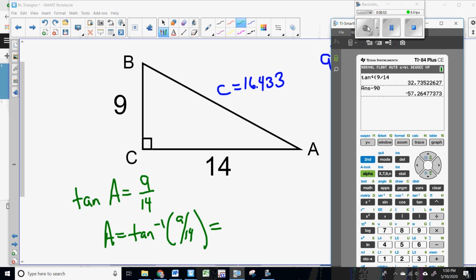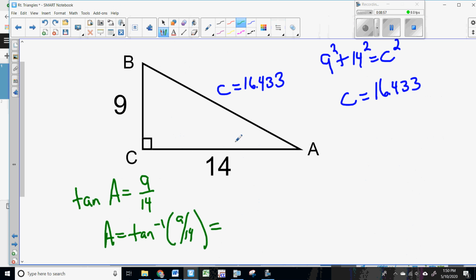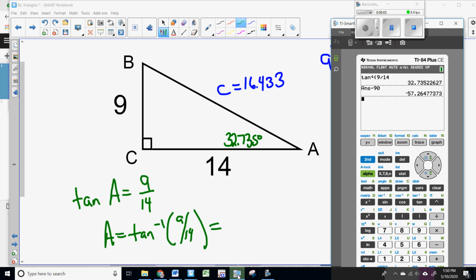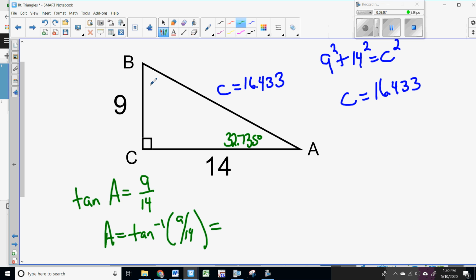So I get 32.735. And then my other angle is 57.265. So there we have solved for all of the angles and all of the sides.